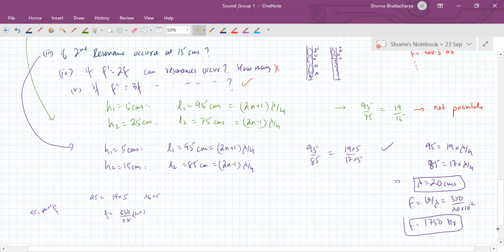Not possible in the sense that it's not possible with the first resonance occurring at 5 centimeters and onwards. Is the question clear so far?